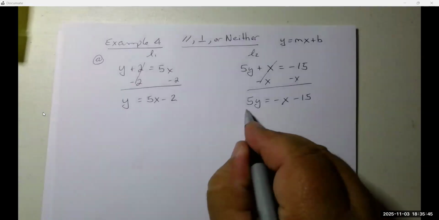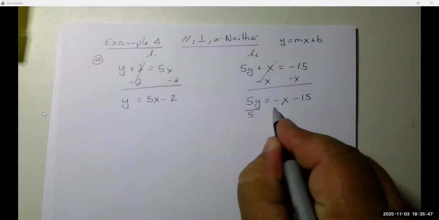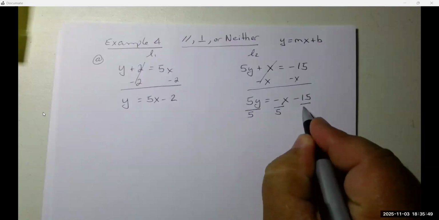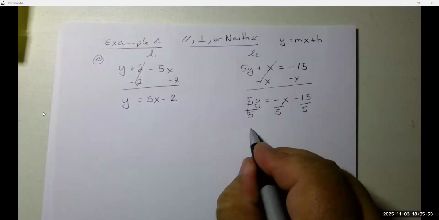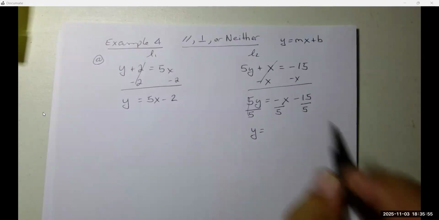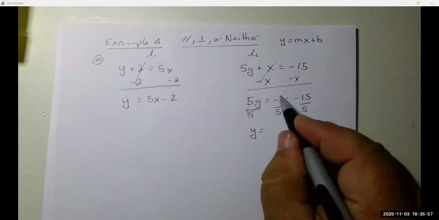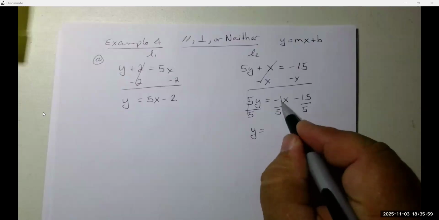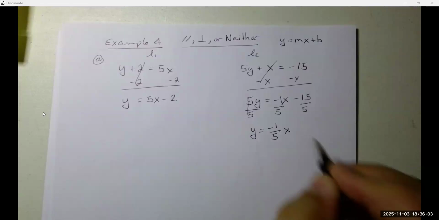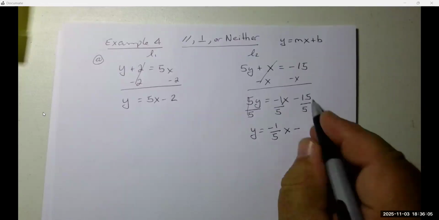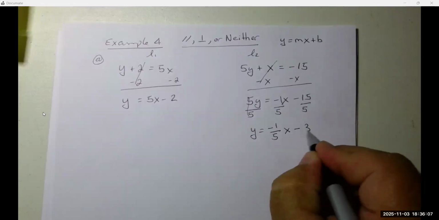To get y by itself, I have to divide each term separately. So y is equal to, there's the number in front of x, since there's nothing there, it's a 1, so we have negative 1 over 5x. My 15 over 5 is 3.